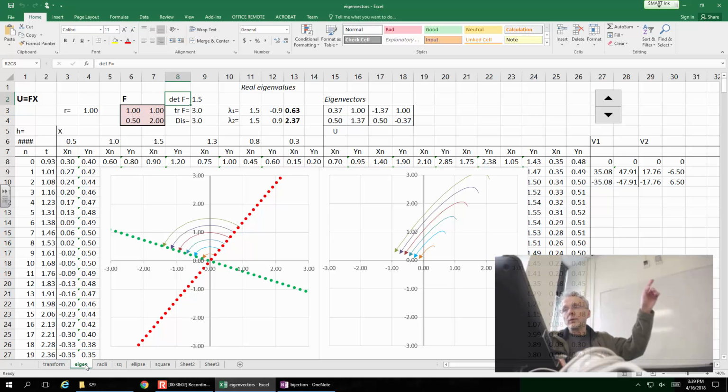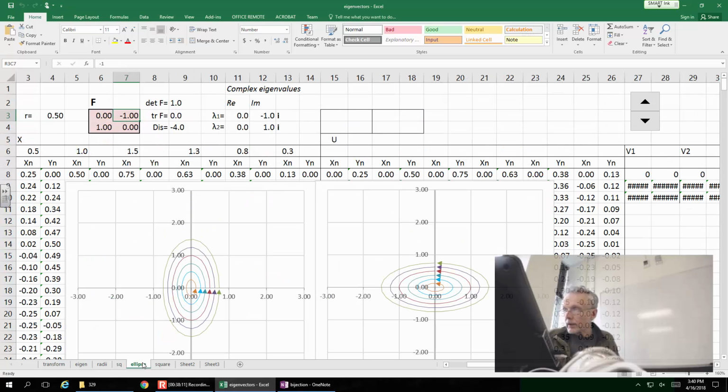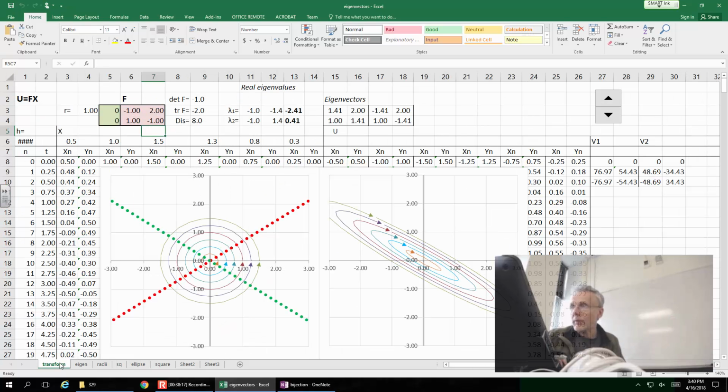So as you can see, the determinant is 1.5. The orientation is preserved as we have decided, but the stretching and shrinking of what we're looking at is, no, this is a rotation once again. So let's look at here it is. Okay, so this is a stretch.